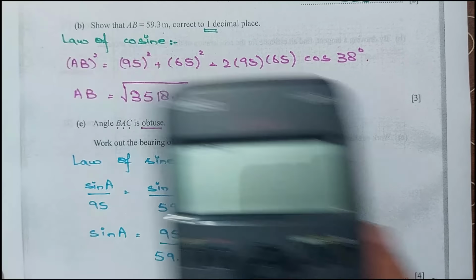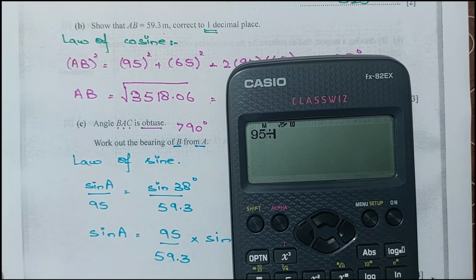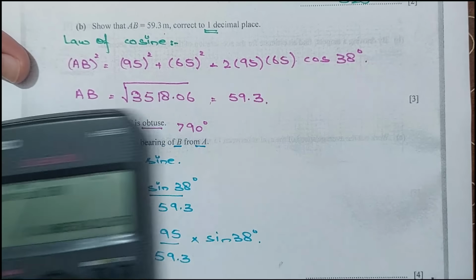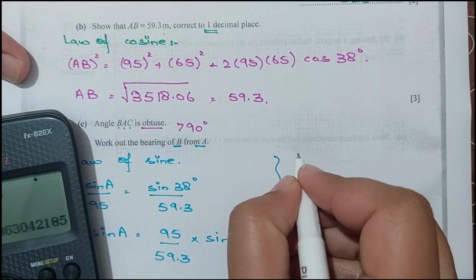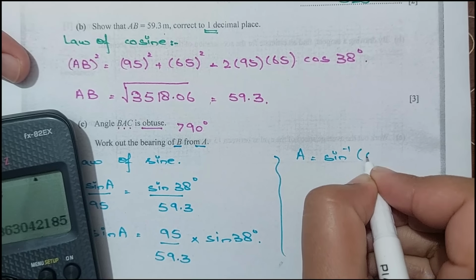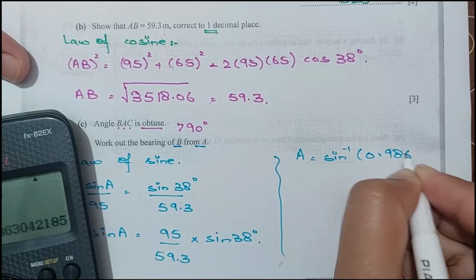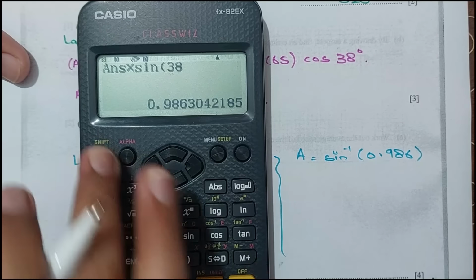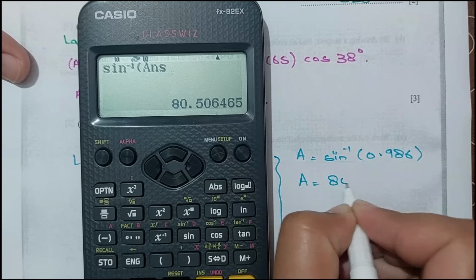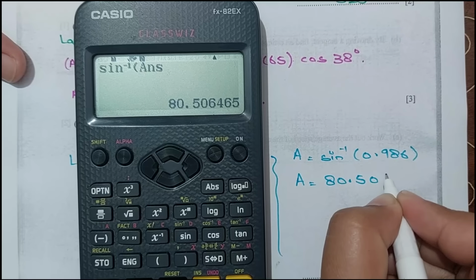All right, this is 95 over 59.3 times sine 38. Let me solve for A. A would be equal to sine inverse of 0.986. A would be equal to 80.506.